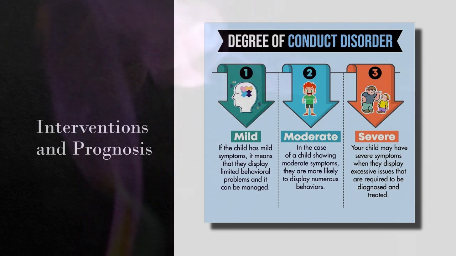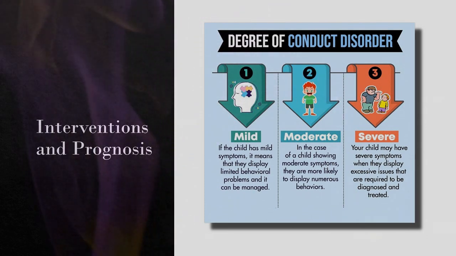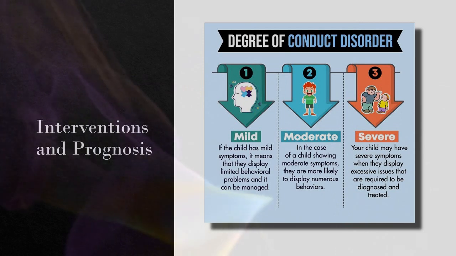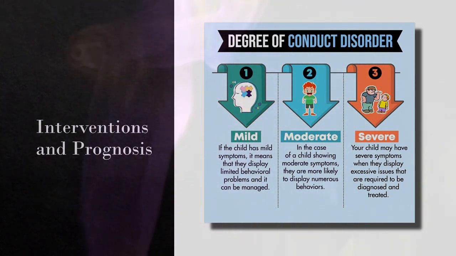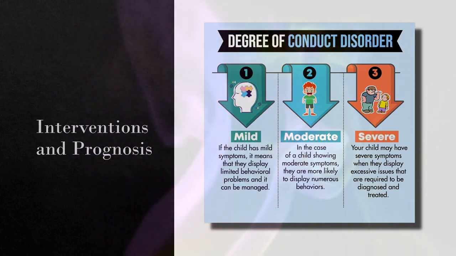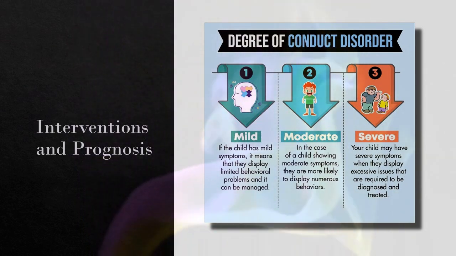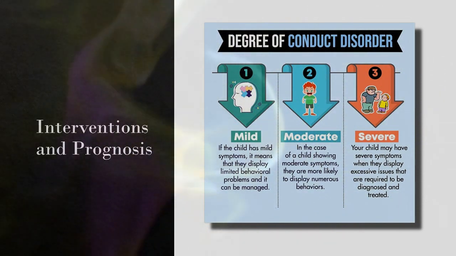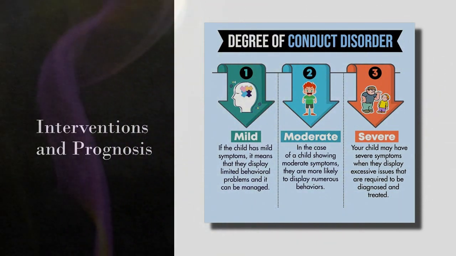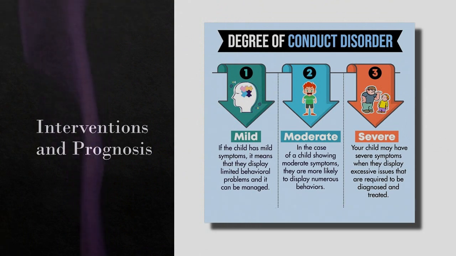Now, what is the prognosis for childhood conduct disorder? Well, as I mentioned, early onset has worse prognosis. So obviously, early intervention, timely and appropriate interventions, especially during childhood, can significantly improve outcomes and reduce the persistence of the conduct problems.